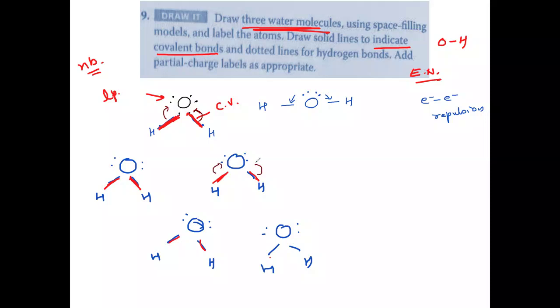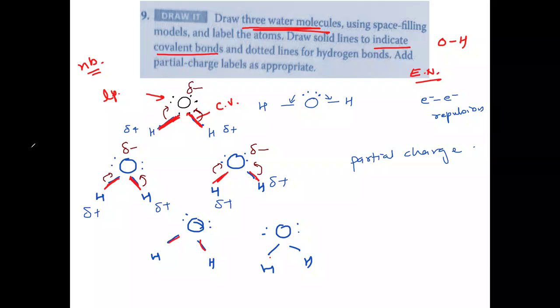So here they will be shifted a little towards the oxygen, making it delta negative. What about your hydrogens? They become delta positive, which means a partial charge has been developed.